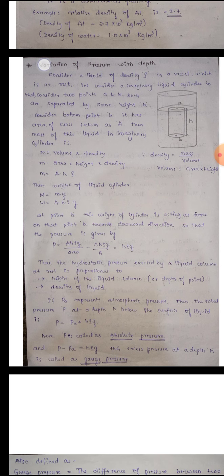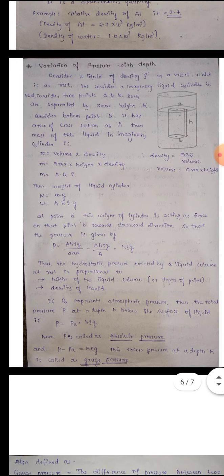That is the variation of pressure with depth. Here, considering a liquid of density rho, we take a vessel and add a liquid having the density rho, and in this vessel the liquid is at rest.